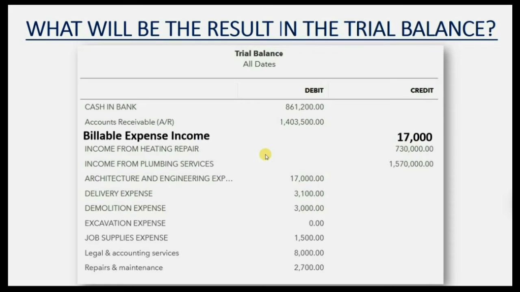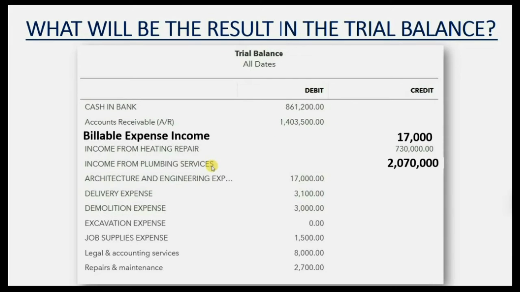And because the invoice has $500,000 in income from plumbing services earned, income from plumbing services earned will increase by an even $500,000, because that's the amount of the invoice that's the other income, and it increases to $2,070,000.